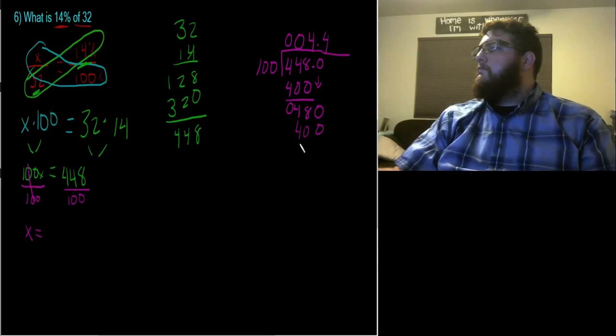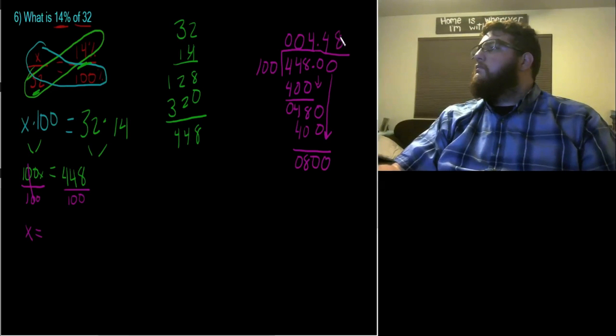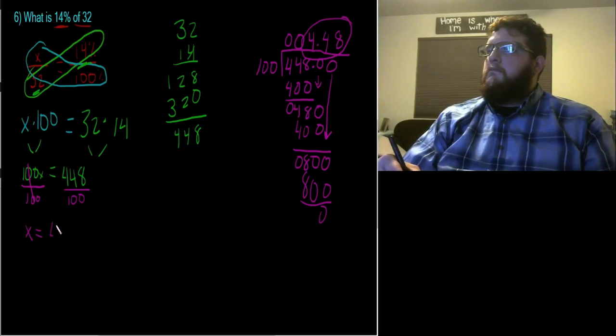And if we subtract those, we should be left with 80. We'll add another 0 and bring it down. And now we've got 800. 100 goes into 800 8 times. 8 times 100 is 800, and when we subtract those, we'll be left with 0. And that'll be our answer, 4.48. So 14% of 32 is 4.48.